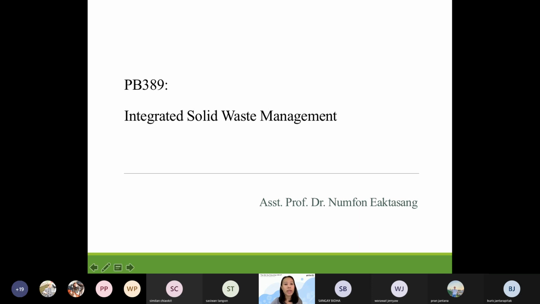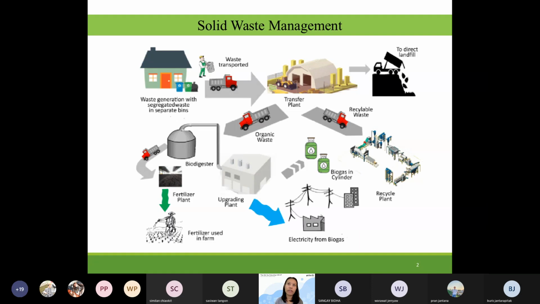For today, as I said, I will continue with the next concept of solid waste management, the other principle: economic instruments to apply to solid waste management. As we know, this shows the process of solid waste management, starting from waste generation, but sometimes we have source separation, right?